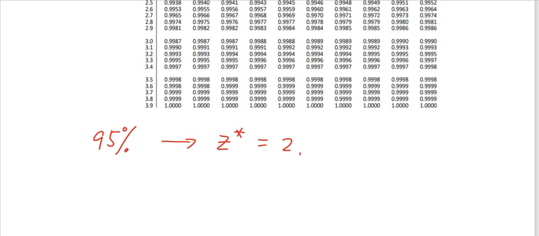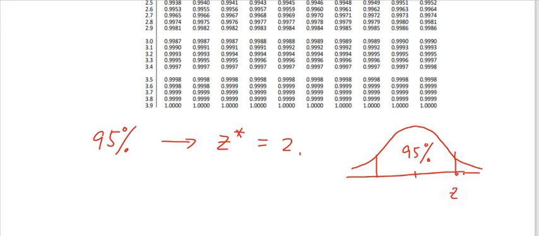Okay. So let's say at first we say 95%. The 95% confidence interval is from here to here, and that is 95%. So this is over this star. The only thing we should be aware of is that we cannot check 95 directly, because the table is giving me all the way down, right?